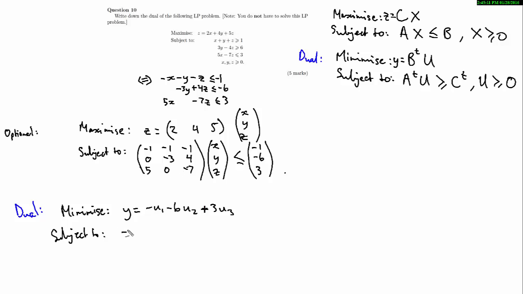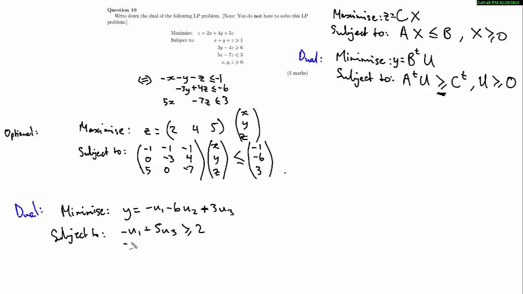And the first constraint will be minus U1 plus 0 U2, so we leave that out, and then plus 5 U3, and that'll be greater than or equal to, given that that's the sign here. And then the number at the end here can be found by finding the first entry of this C transpose matrix, and that'll be 2.